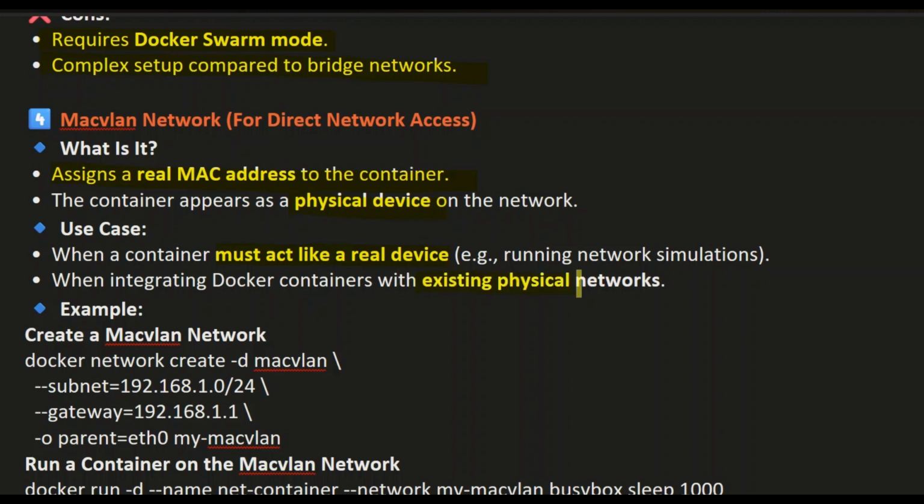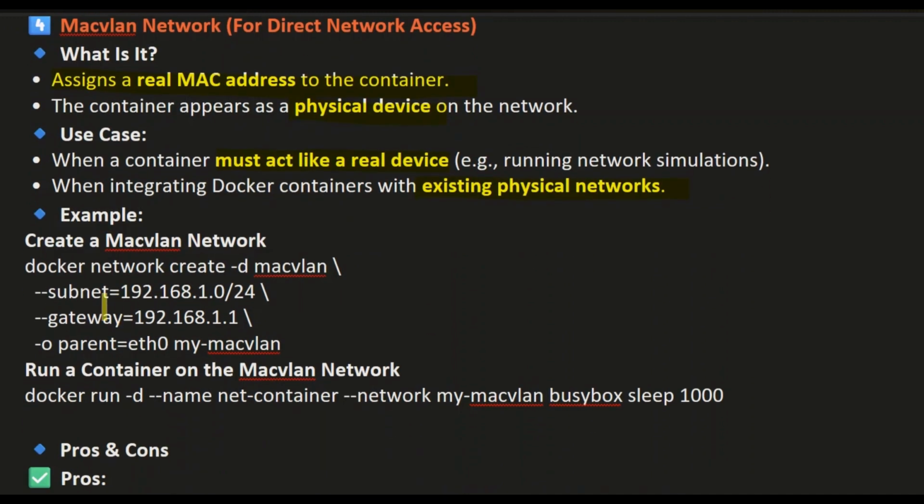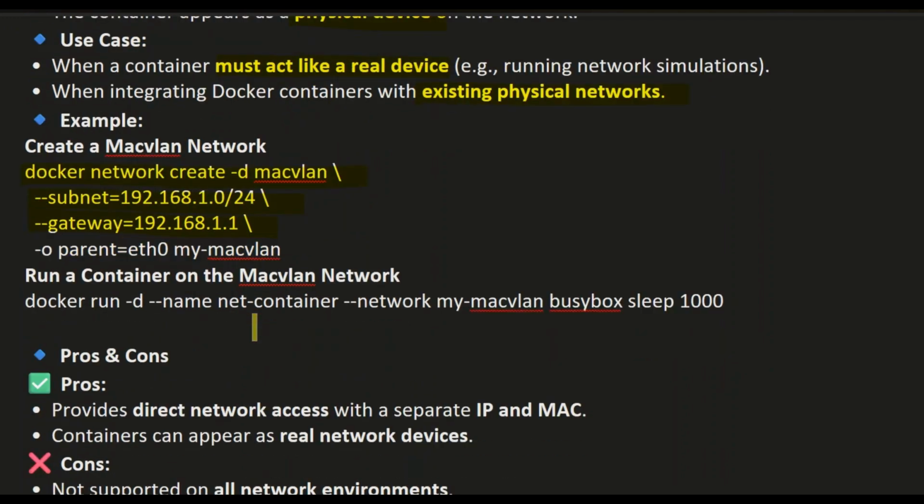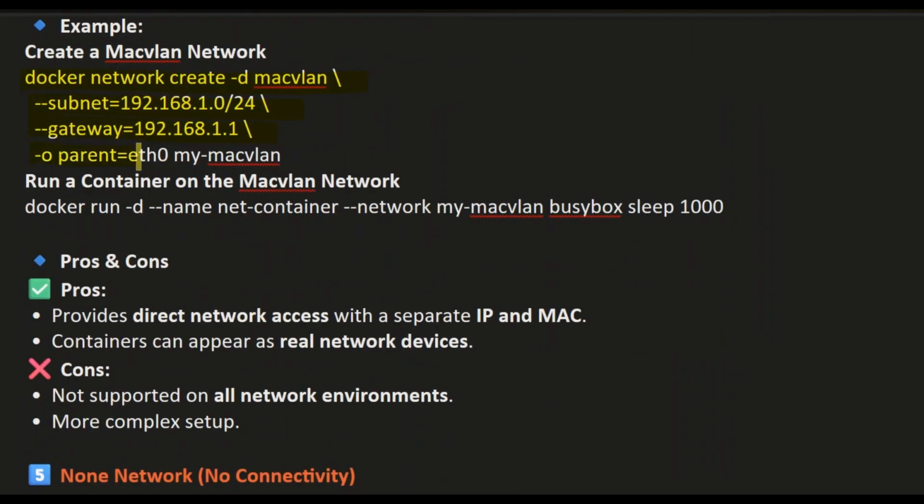Example. Create a Macvlan network. docker network create -d macvlan --subnet=192.168.1.0/24 --gateway=192.168.1.1 -o parent=eth0 my-macvlan.